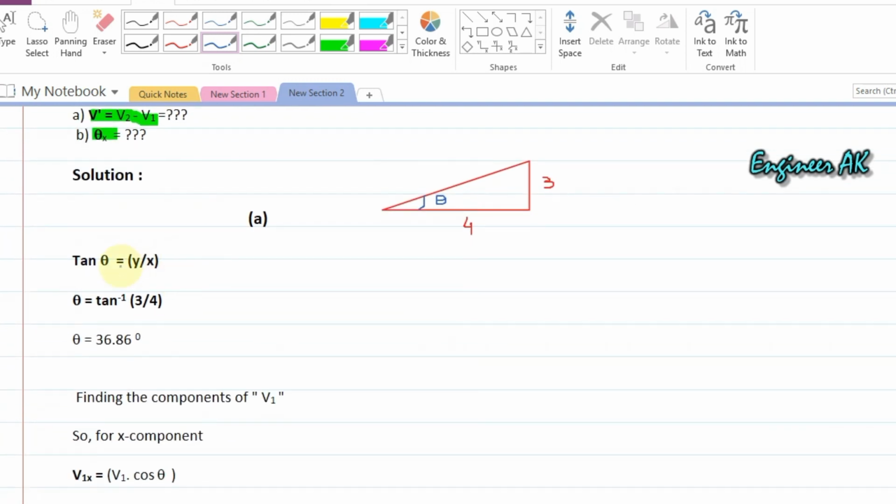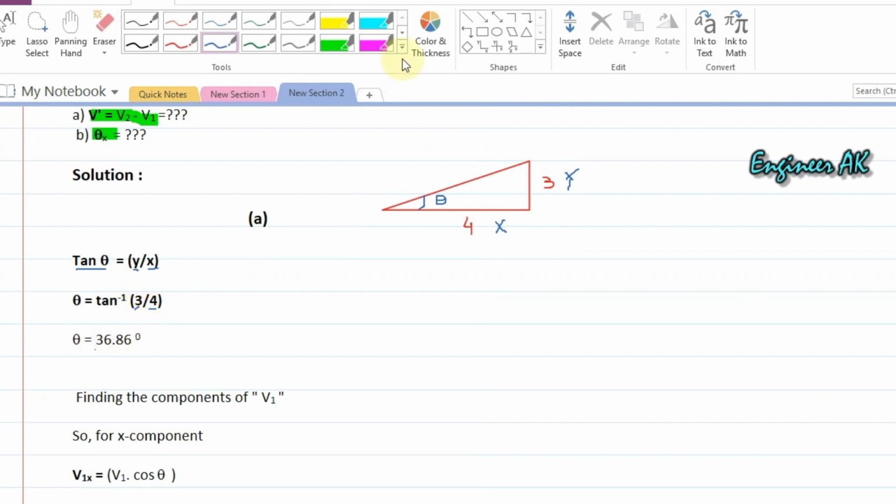For that we have the formula tan theta is equal to perpendicular divided by base, right? So here this is the y-axis, this value I am taking as y, and this is x. This base is x, so perpendicular by base. Here perpendicular is 3 and the base is 4.